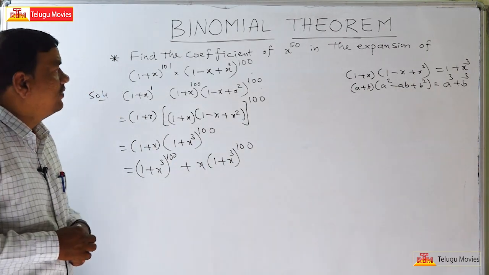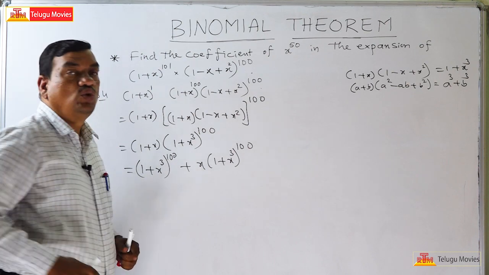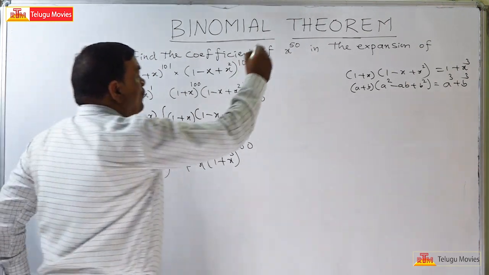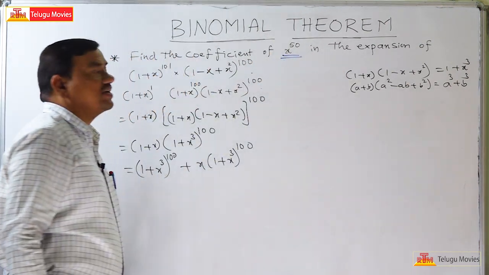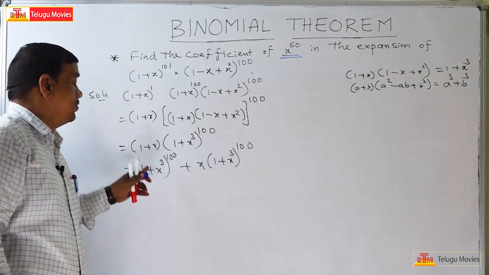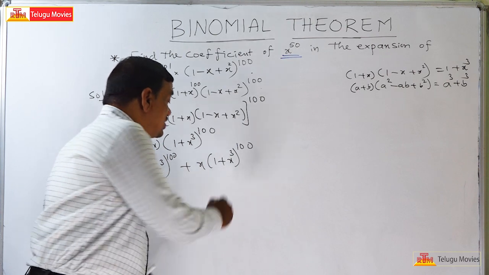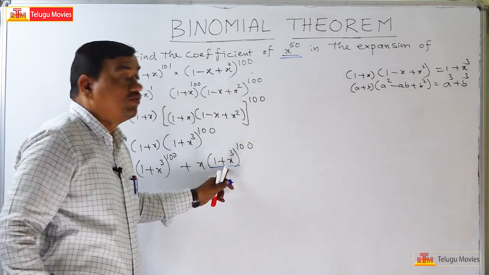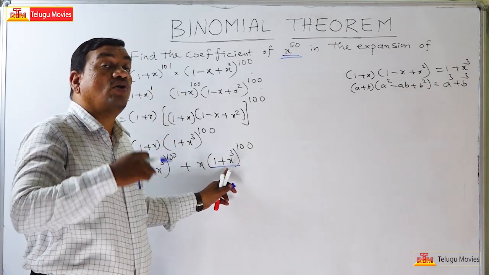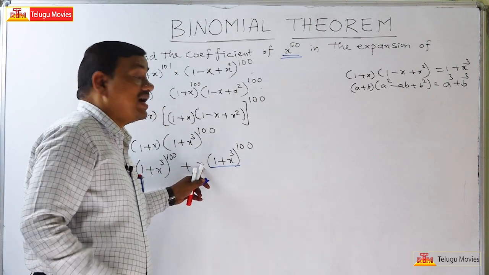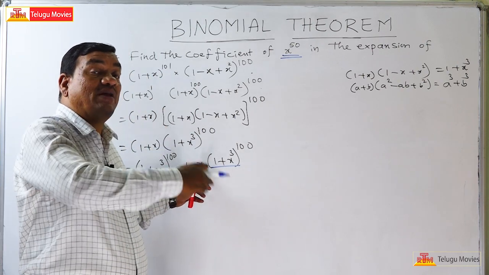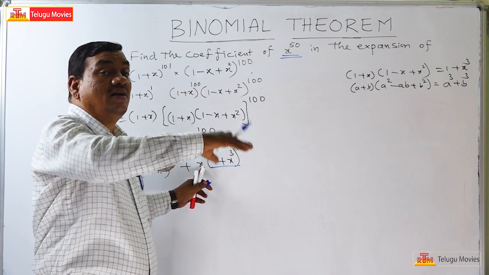Now see here, two expansions came. If you want to find the coefficient of x to the power of 50, you have to find the coefficient of x to the power of 50 in this expansion, and in the other expansion you have to find the coefficient of x to the power of 49. Why? Because x is already outside. If you multiply with x to the power of 49, you will get x to the power of 50.